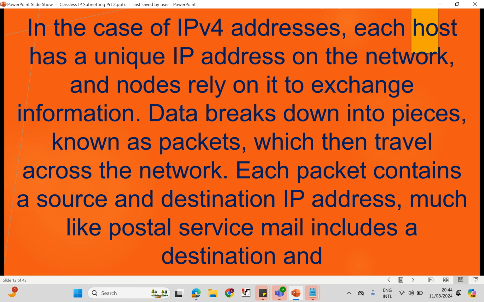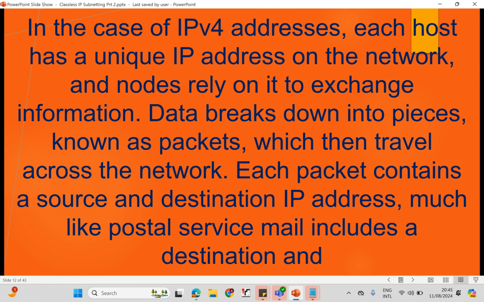Data breaks down into pieces known as packets, which then travel across the network. Each packet contains a source and destination IP address. Just like when you want to post a letter at the post office, there must be the address you are posting the letter to, and the address it's coming from.